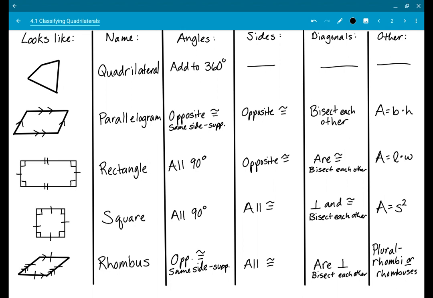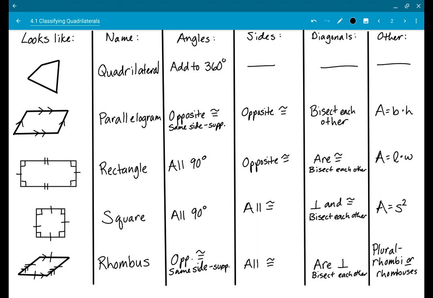Rectangles are best defined as having 90-degree angles. So any shape that is a quadrilateral with 90-degree angles would be classified as a rectangle, which means a square also fits that definition because it has 90-degree angles.